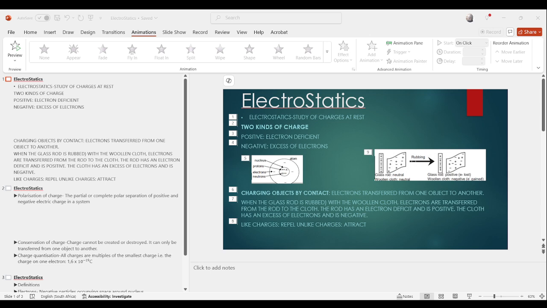But after that attraction, negative charges will move because they are always on the move, trying to neutralize. They will move from the negatively charged object to the positively charged object until the charge on both objects are the same.